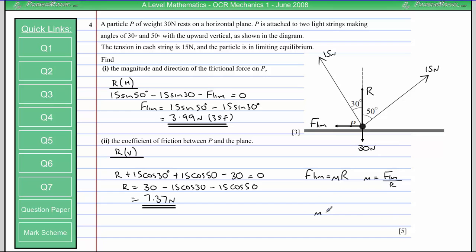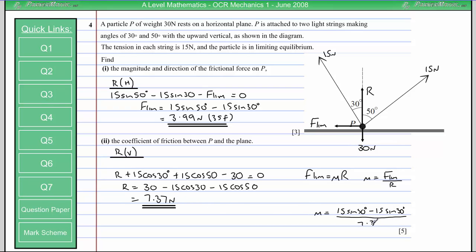So let's substitute some numbers in here, and I'm going to get 15 sine 50 minus 15 sine 30. That's just my limiting friction that I've got from up here, and I'm going to divide that by my normal contact force.